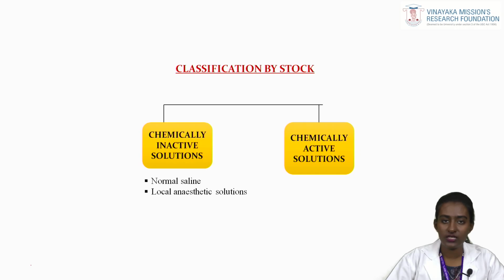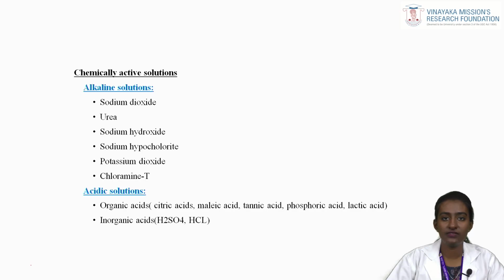According to Stock, irrigants were classified into chemically inactive solutions and chemically active solutions. Chemically inactive solutions are normal saline or the local anesthetic solutions, and the chemically active solutions are broadly classified into two: alkaline and acidic. Alkaline ones are sodium dioxide, urea, sodium hydroxide, sodium hypochlorite, potassium dioxide, chloramine, and the acidic solutions are organic acids like citric acid, malic acid, tannic acid, and the inorganic acids.